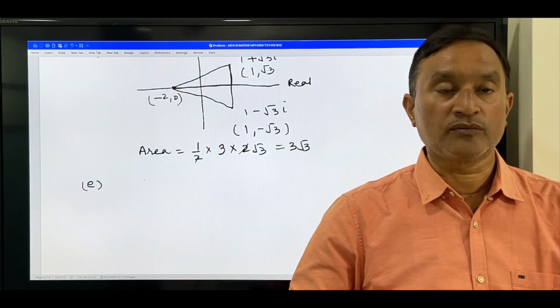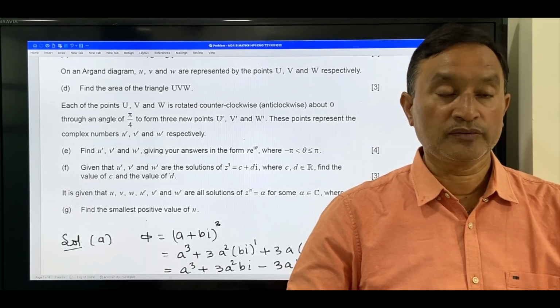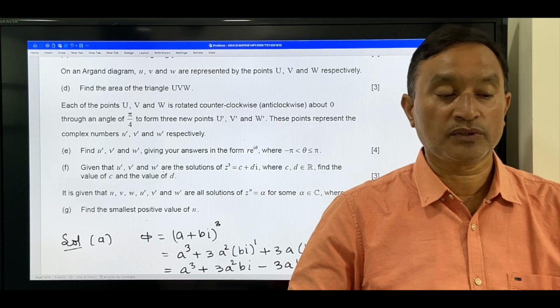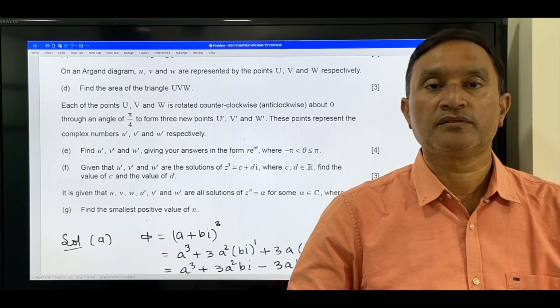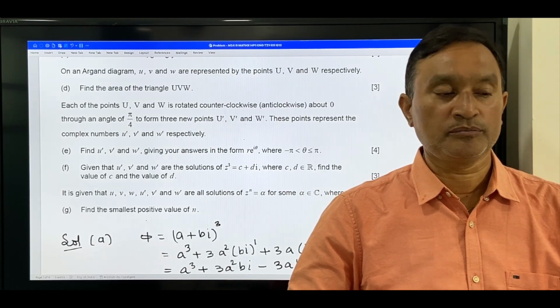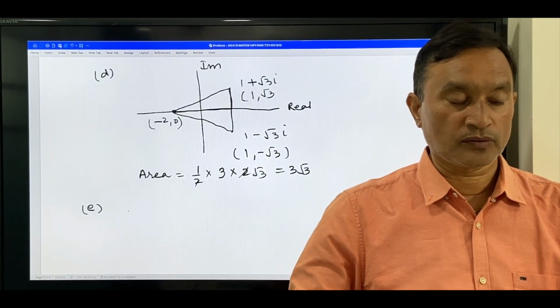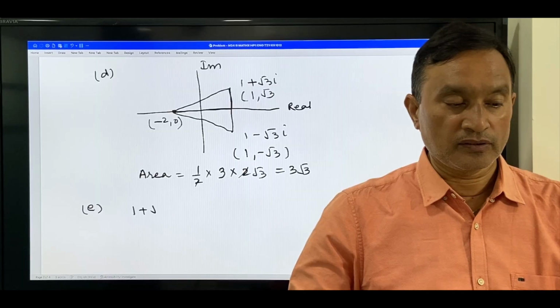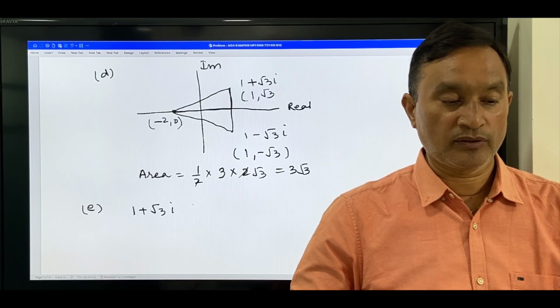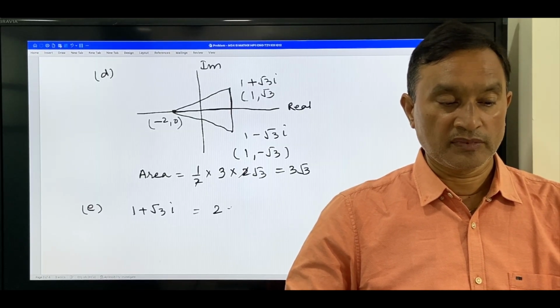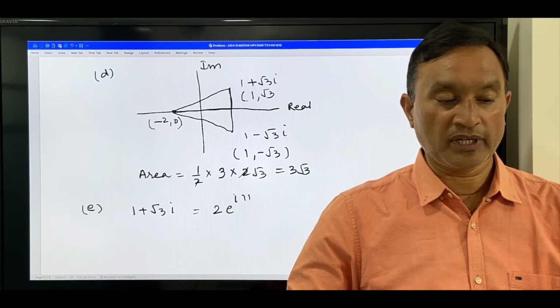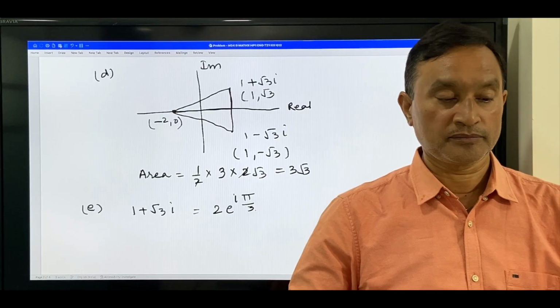So we will convert these values of U, V, W into the r e to the power i theta form, as it is required in the answer. So 1 plus root 3i would be 2 e to the power i pi by 3.